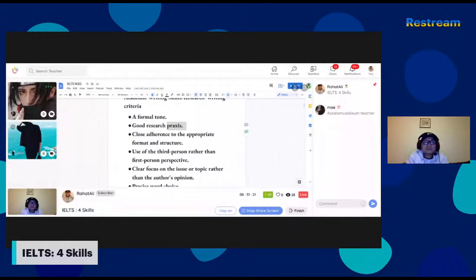If you know which sources we can't use, then it will be easier for you. First, you have to know which sources we shouldn't use. We don't generally use in research writing, even academic writing, magazines. Magazine, yes.